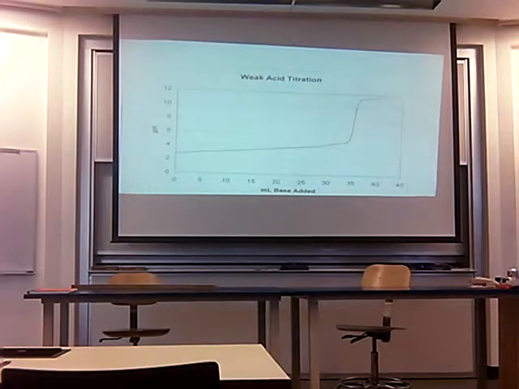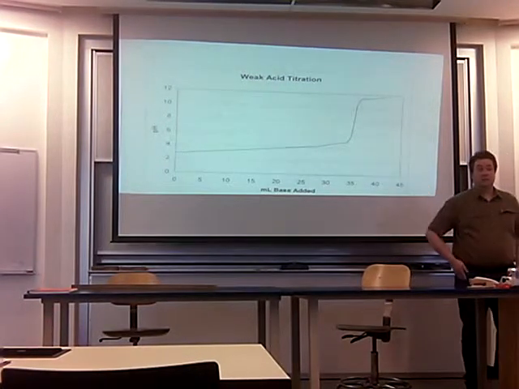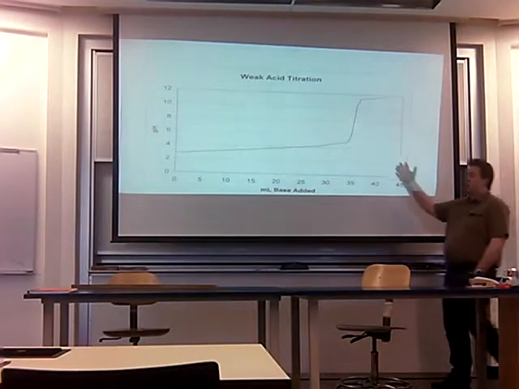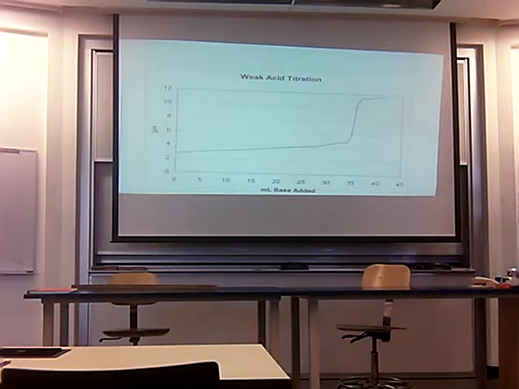Could be monoprotic, might be diprotic, possibly even triprotic. Just by looking, you can't tell. Which is what you've all found the last couple of weeks with your weak unknown acid. They probably all looked monoprotic, but none of them were monoprotic.